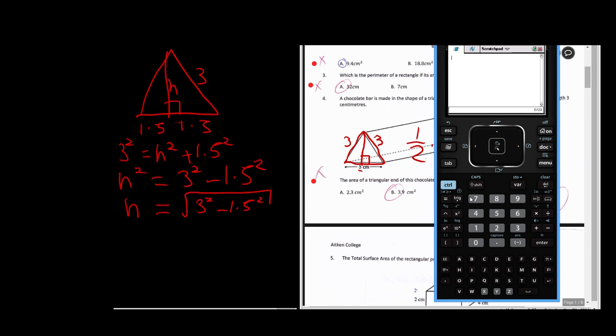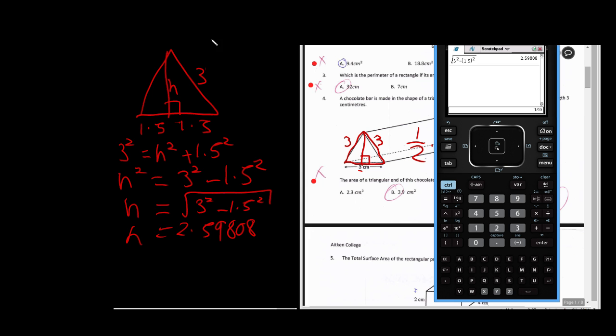Calculator is pretty smart, so we can actually start with saying we want the square root of 3 squared minus 1.5 squared. And let's find the answer to that, 2.59808. So that gives us the height, which is 2.59808.